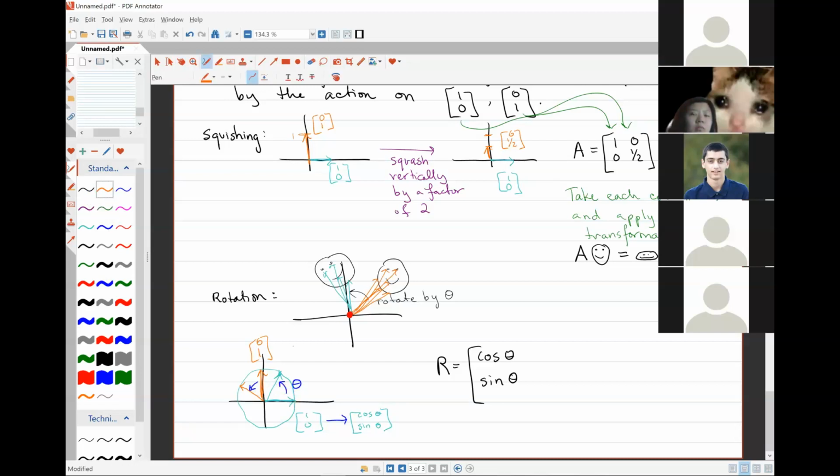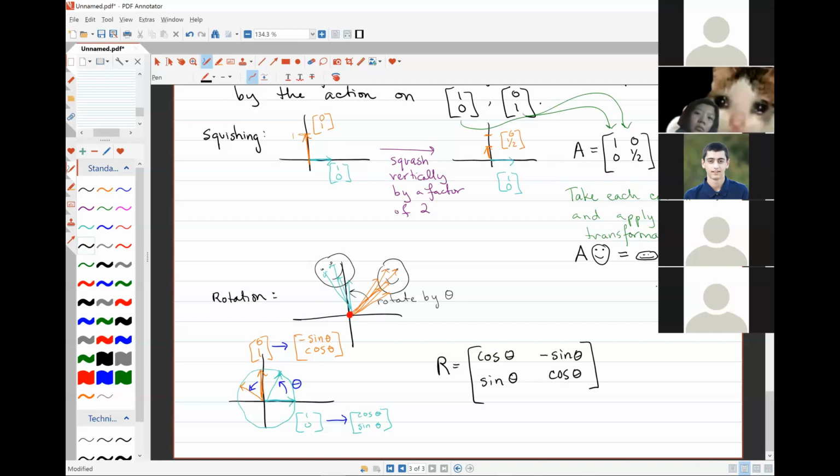So you can figure out that this is actually going to rotate to minus sine theta, and the y component is going to be the same as the x component of the other one, so that's going to be cosine theta. And that means our matrix is minus sine theta and cosine theta.